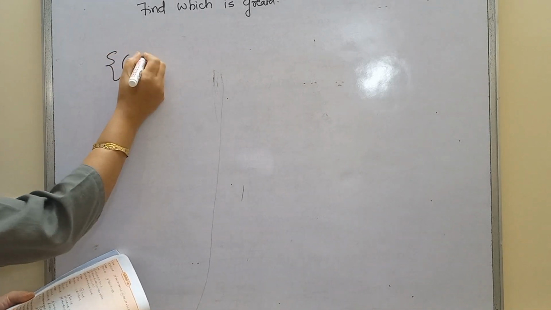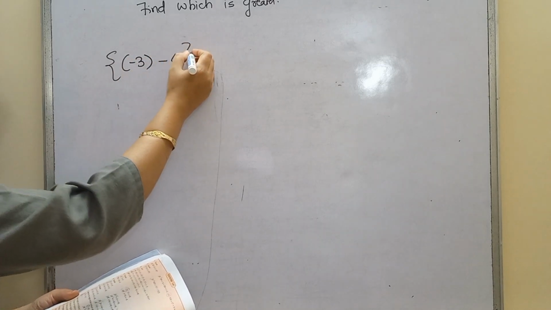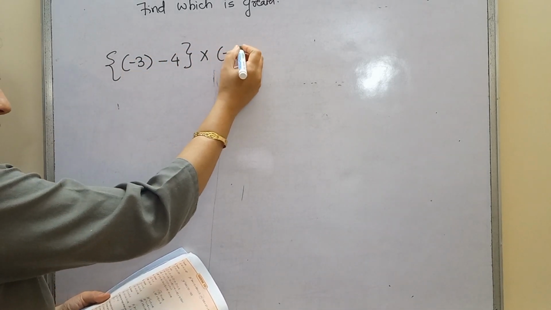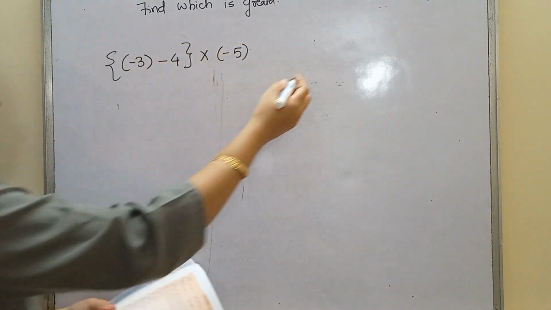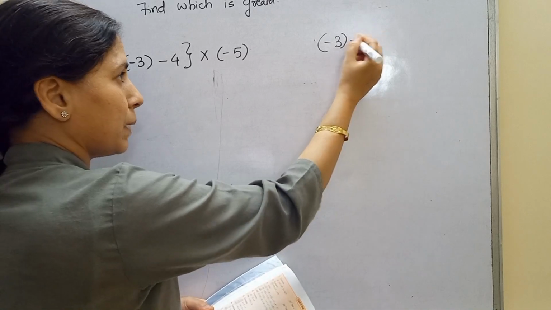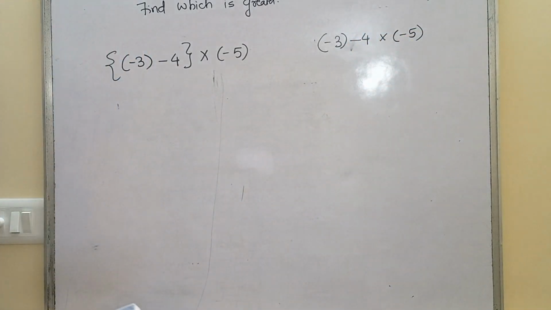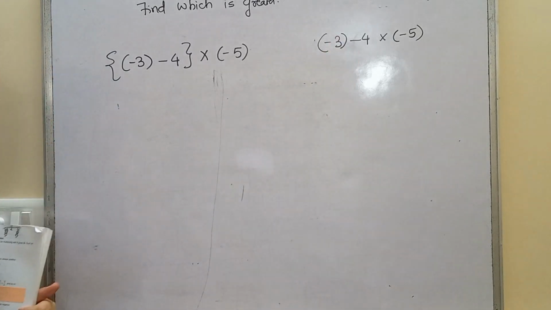Minus 3 into 4 into minus 5, or this side is minus 3 minus 4 into minus 5. Now see the difference. Although the integers are the same, the brackets are placed in different positions, so the values change.